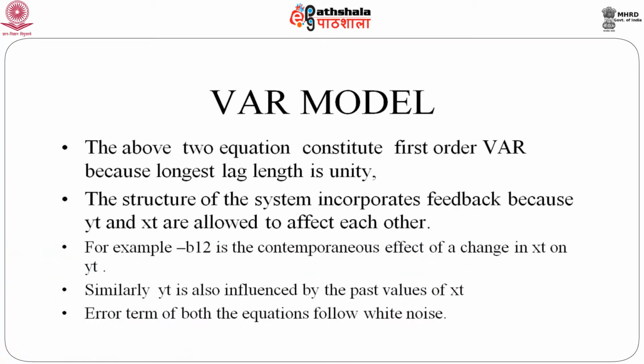Now, the above two equations constitute a first order VAR because the longest lag length is unity. The structure of the system incorporates feedback because yt and xt are allowed to affect each other. For example, b12 is the contemporaneous effect of a change in xt on yt. Similarly, yt is also influenced by past values of xt, and the error terms of both equations are white noise.